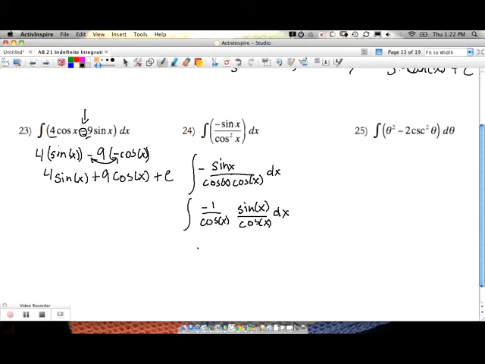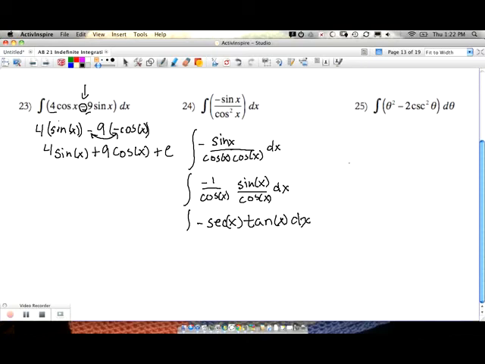Let's keep going with this. We know that 1 over cosine is secant, so that means this is negative secant x. Over here we have tangent x. We haven't done any calculus at this point. We've only done some pre-calculus simplifying with trig. I see this negative out front, and I don't really need it because secant x tangent x does have an antiderivative.